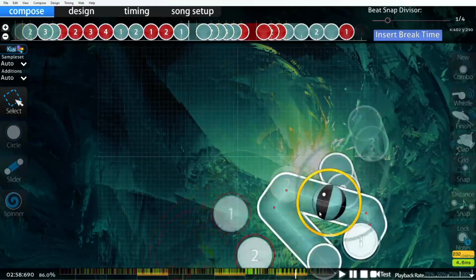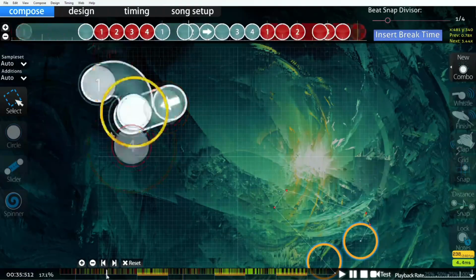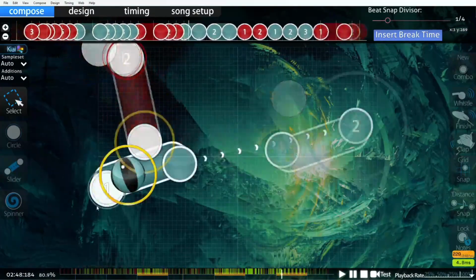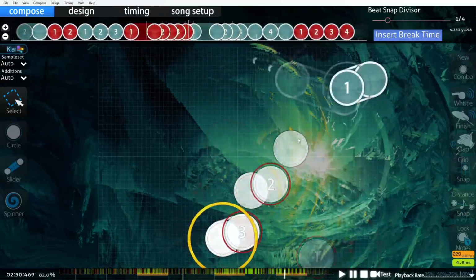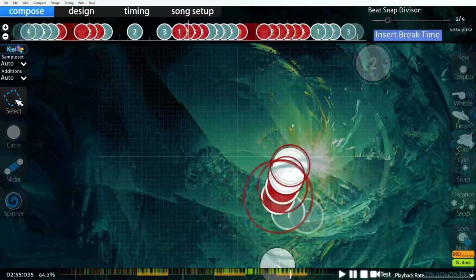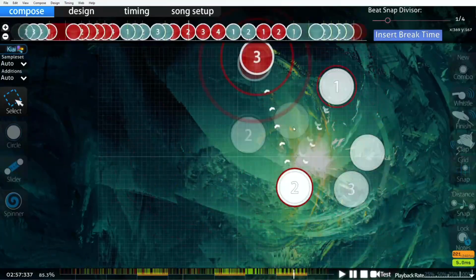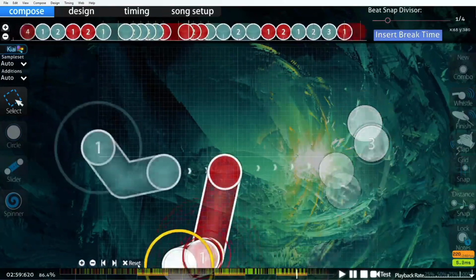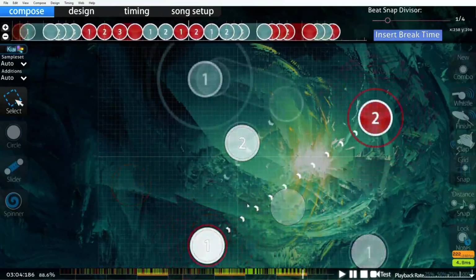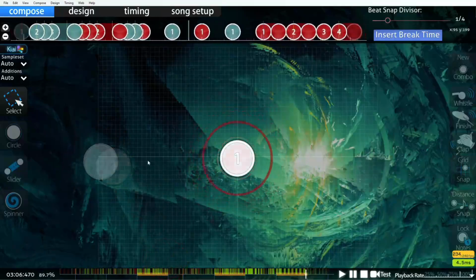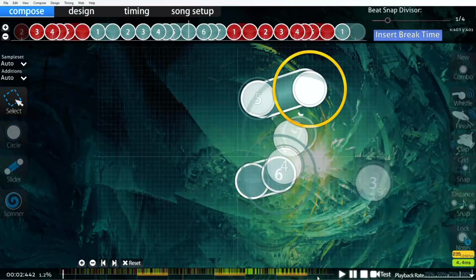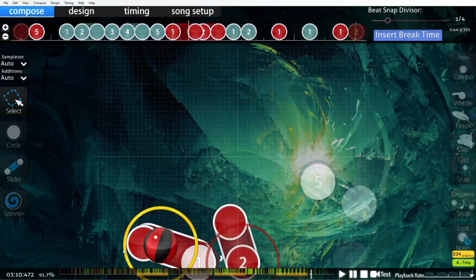So I do the same thing: I use the sliders from this part inside this kiai. And we go into this part, like it's the same part, but at the ending.